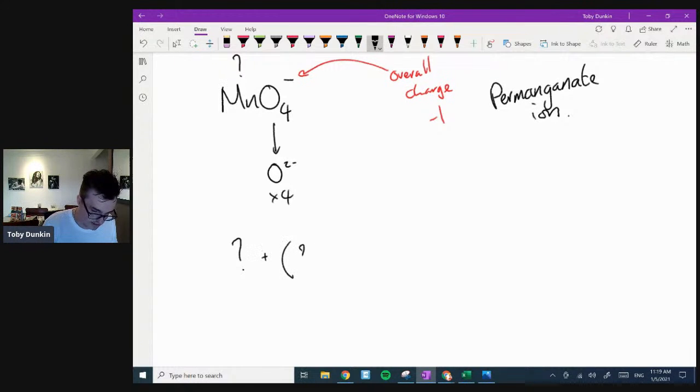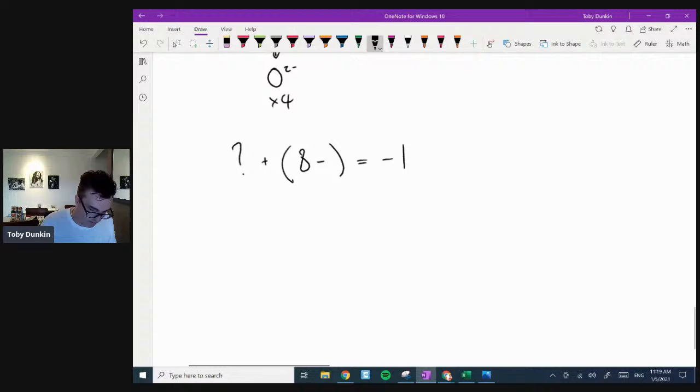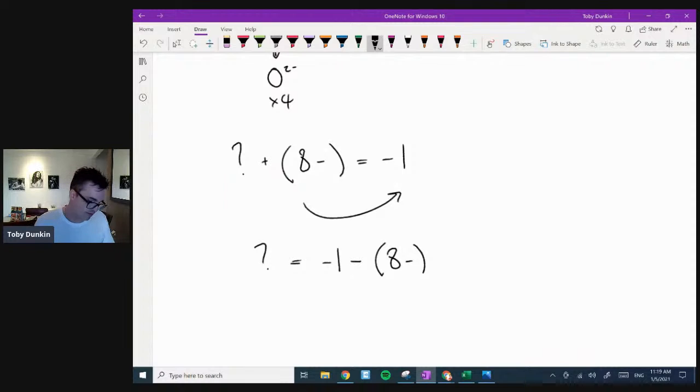Plus brackets 8 minus, close brackets equals -1. Right, so now I can reorganize it underneath. So I'm going to move that over to this side, which is to flip that sign there. So this now becomes question mark equals -1 minus brackets 8 minus. Yeah, and then I just run that through my calculator. I'm actually curious to see if my calculator will let me do this.